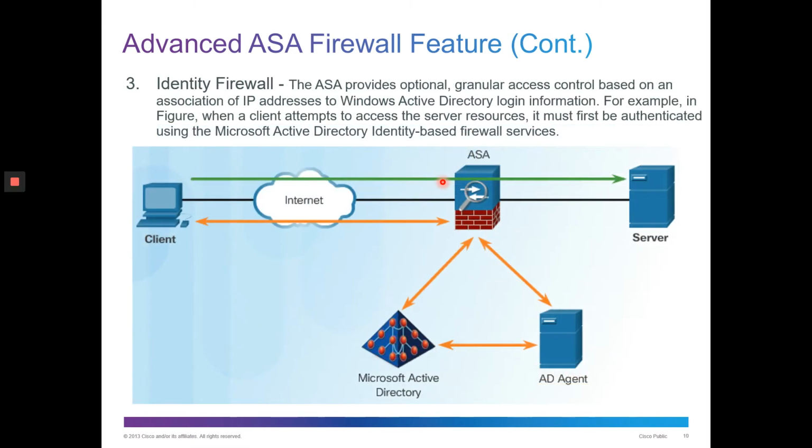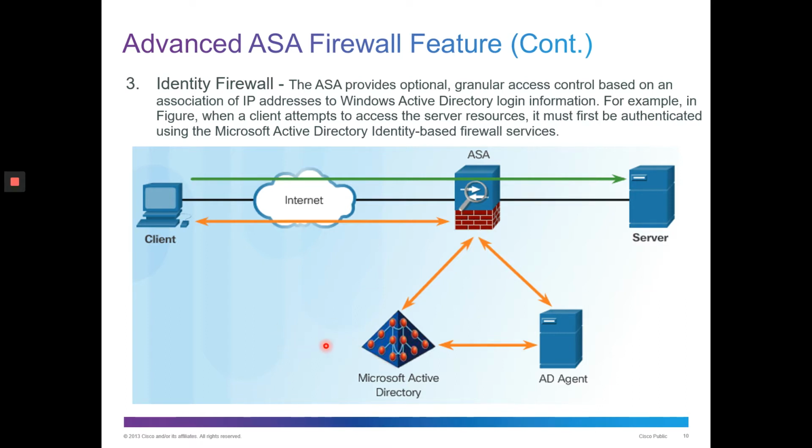Again, this can be implemented in firewalls. Another one is called identity firewalls. I'm sure you have heard about Microsoft Active Directory. This is a way you can authenticate users, because it provides a service through which you can send authentication requests to Microsoft Active Directory.